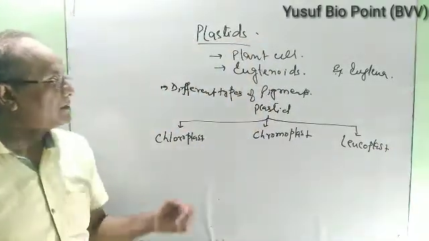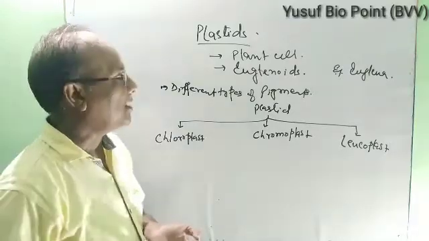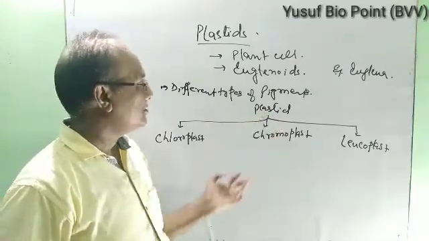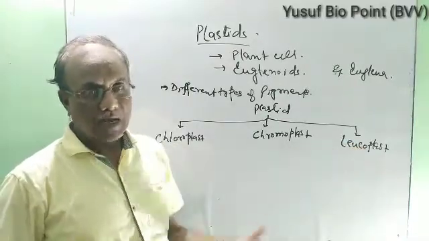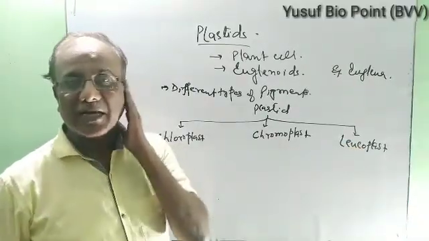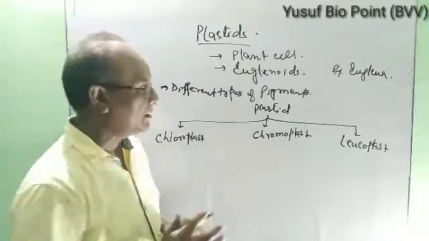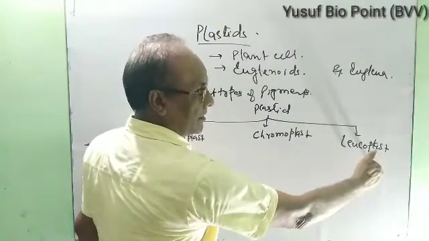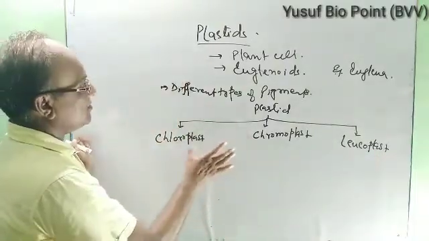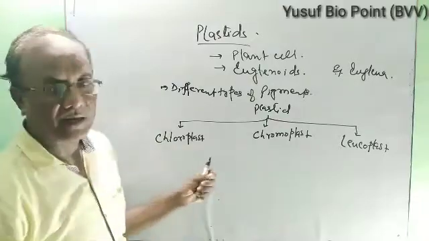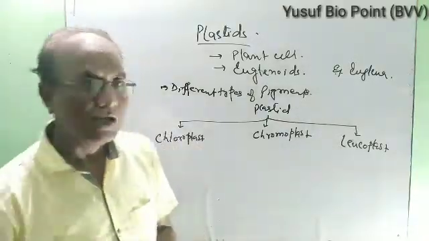On the basis of pigments and their colors, they are divided into Chloroplast, Chromoplast and Leucoplast. In other way, we can also say that it is divided into colored and non-colored. Leucoplast is non-colored, that is colorless, and these two are colored. Understand? Chloroplast and chromoplast are colored, and this is colorless.